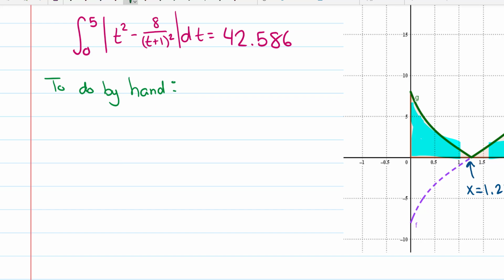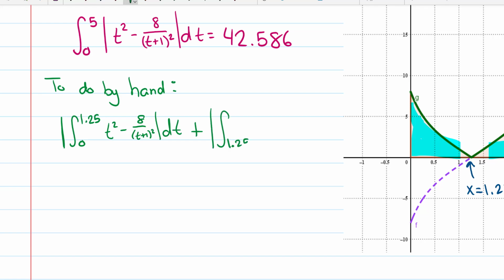We did something like this back in chapter 6, where we did the absolute value of the integral from 0 to 1.25 of (t squared minus 8) over (t plus 1) squared dt, plus the absolute value of the integral from 1.25 to 5 of (t squared minus 8) over (t plus 1) squared dt. Now you're welcome to do that by hand, but it's a little tedious. It is doable, where you'd find the absolute value of this area down here and then add it to the absolute value of the other portion of the graph.